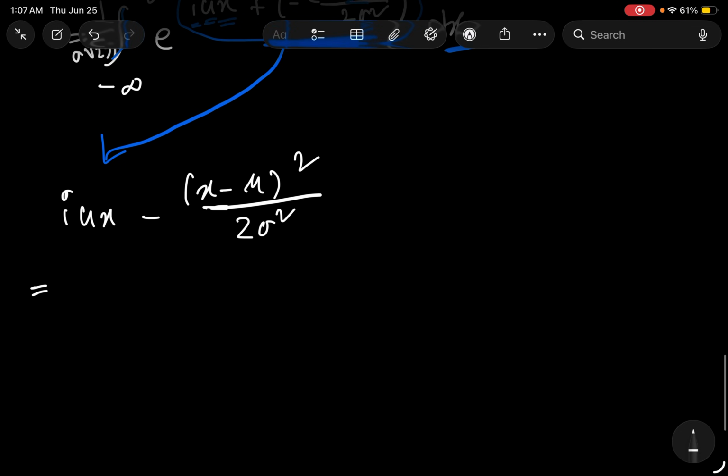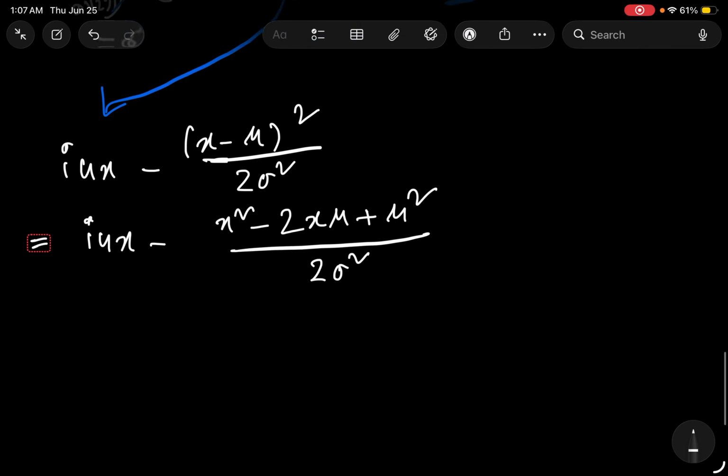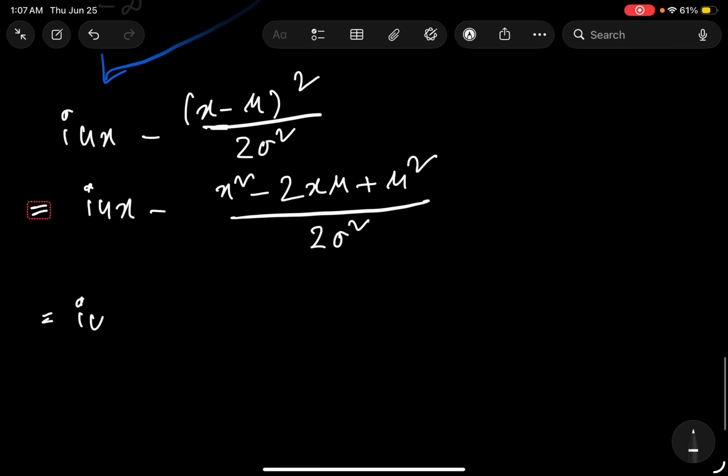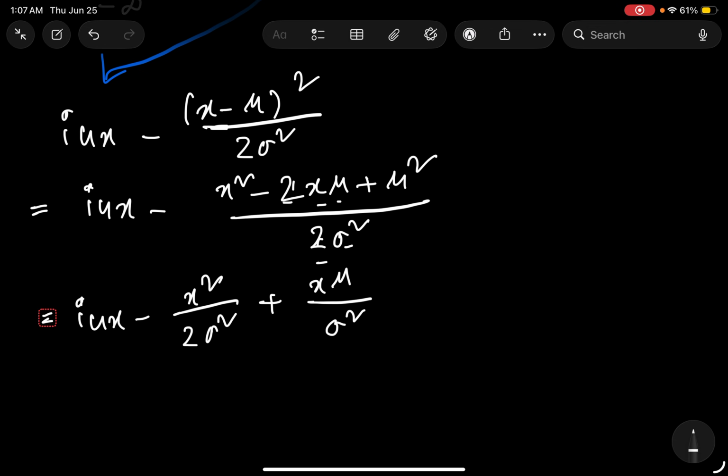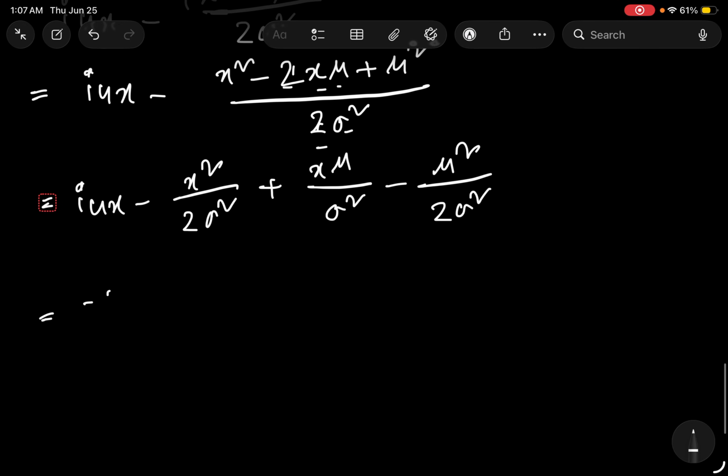Expand this. Divide by 2 sigma square, and each of the components becomes, rearrange them like this.